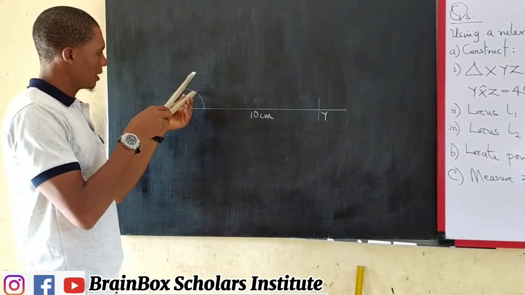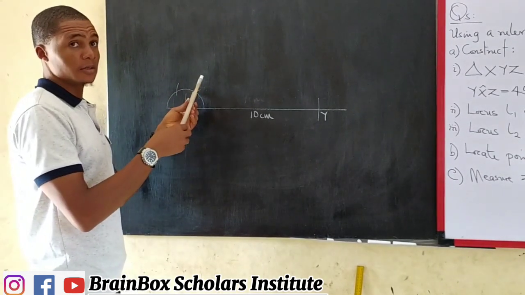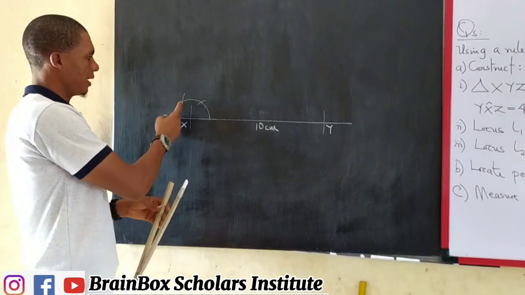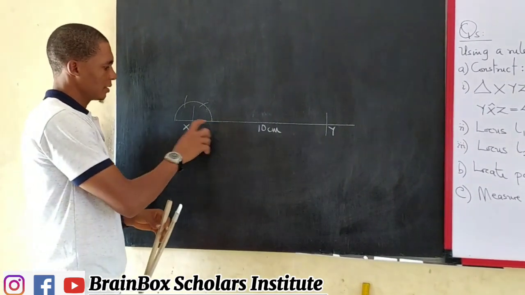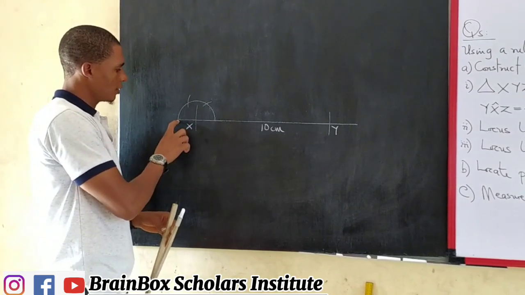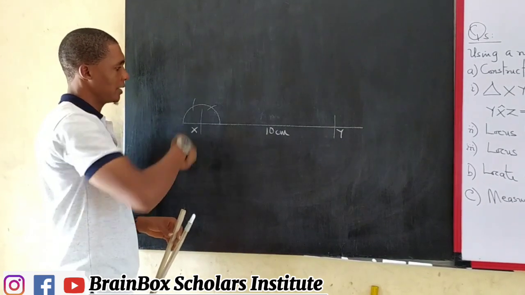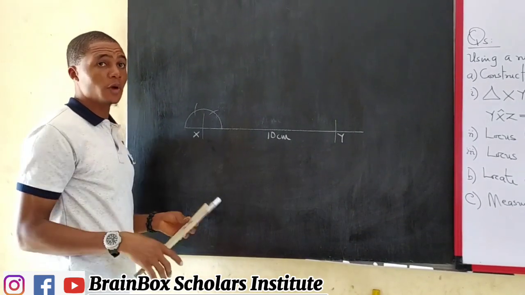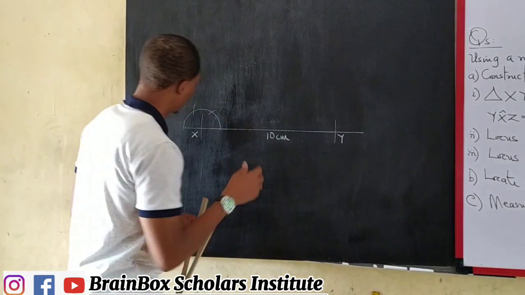Place it here, I get 120, right? So I have to bisect this 60 now to get 90. Or you can bisect the semicircle directly. Placing your compass here, make an arc, place it here, make an arc and bisect. So we have two ways of constructing 90 degrees.